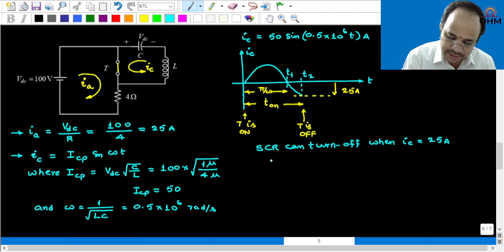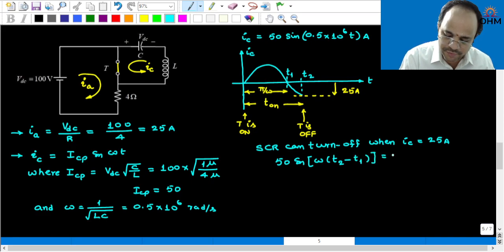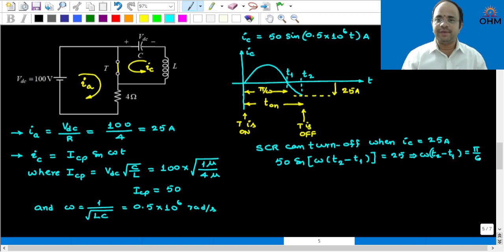What do you mean by that? 50 sine of omega into (T2 minus T1) is equal to 25. Therefore, this interval, omega into (T2 minus T1), is equal to pi by 6.